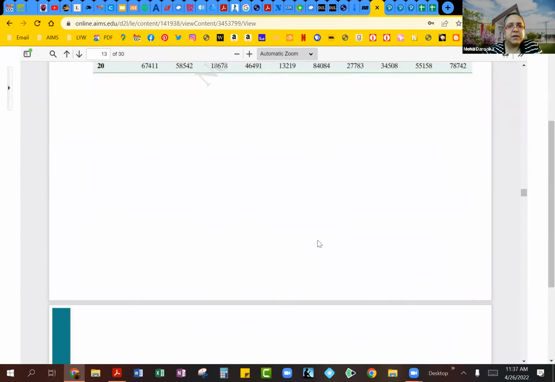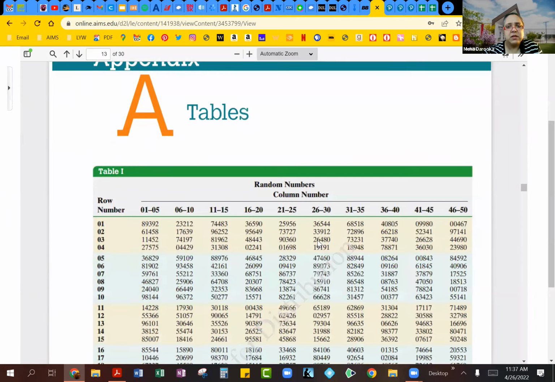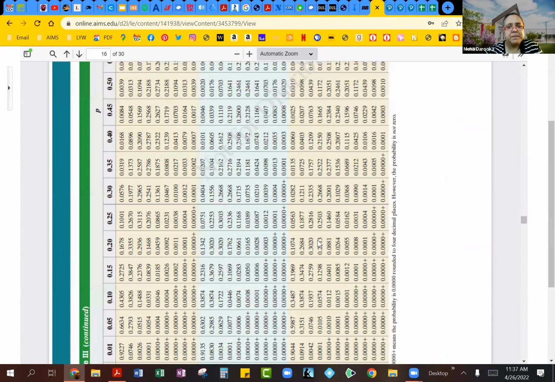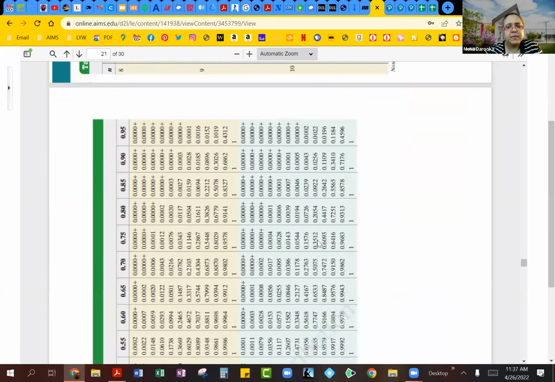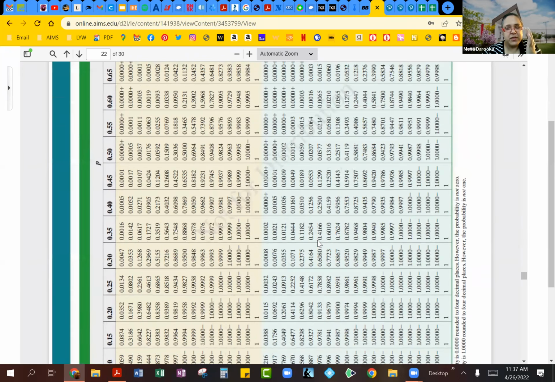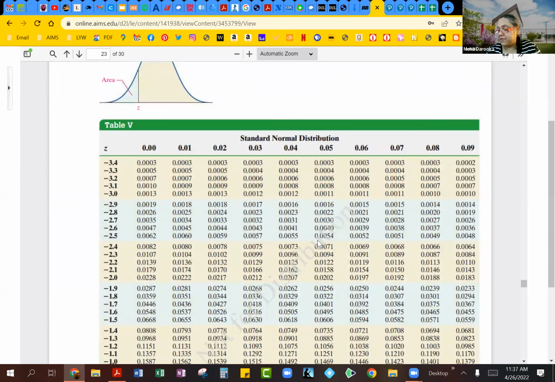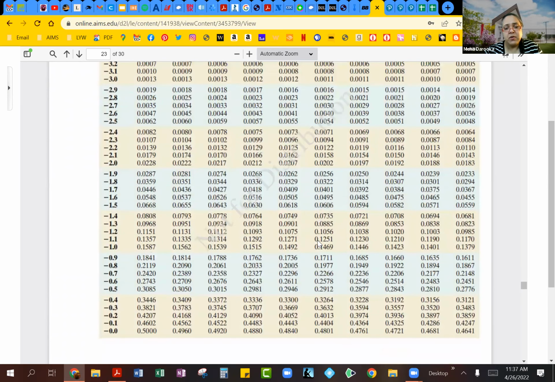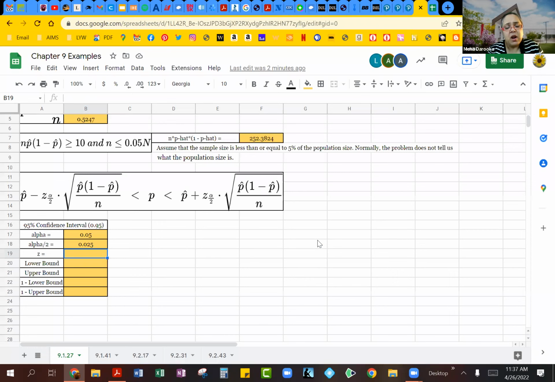So this is binomial, random numbers. In which you would have learned how to use this table in the previous chapter. So what you have to actually do is, very quickly, our alpha value is 0.025.